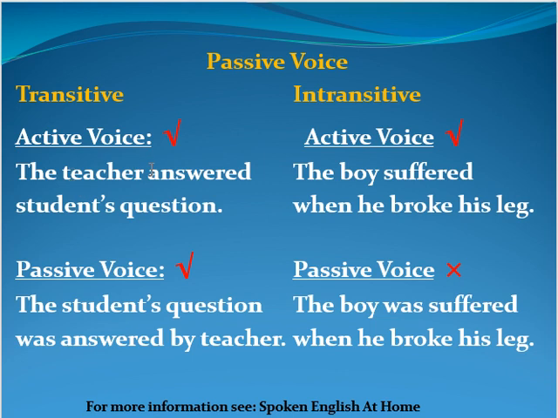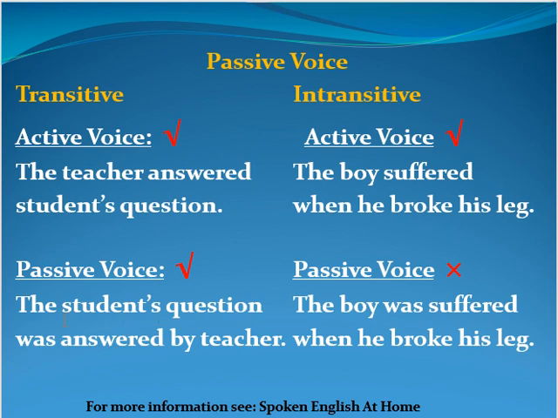What is the teacher? The teacher is the subject. What is answered? Answered is the verb. The student's question here is the object. So when a verb is followed by an object, we can say this is a transitive verb. Then it is possible to be changed into passive. For example, in the passive voice, we say the student's question was answered by the teacher.